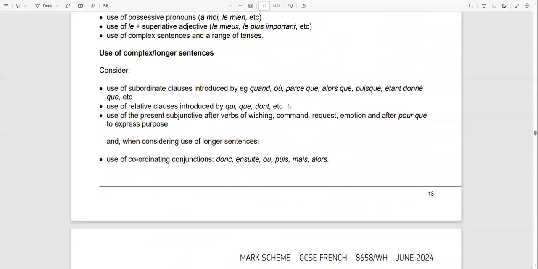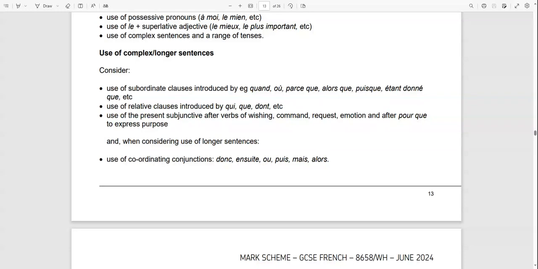When it comes to understanding what we're talking about with complex sentences, we're talking about things such as using subordinate clauses introduced by words like quand, when, où, where, parce que, because, alors que, whereas, puisque, since, étant donné que, given that.